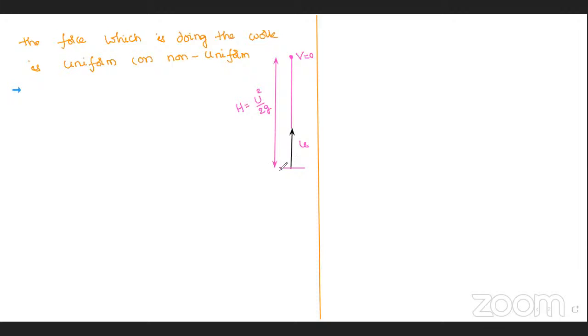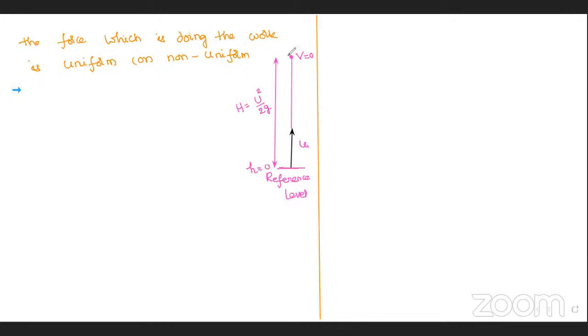Very good. And here it is thrown from the ground level. That ground level is my reference level. At the reference level, would you please help me again? What will be the height of the body at the reference level? Thank you. It is 0.